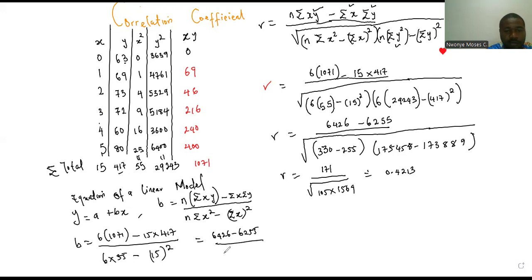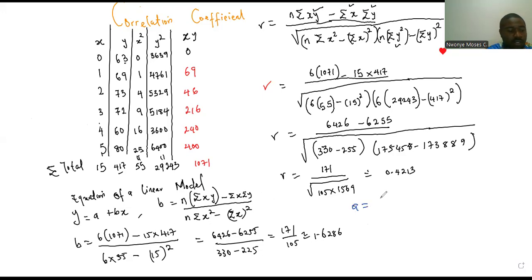This should give us 171 over 105, which is approximately 1.6286.